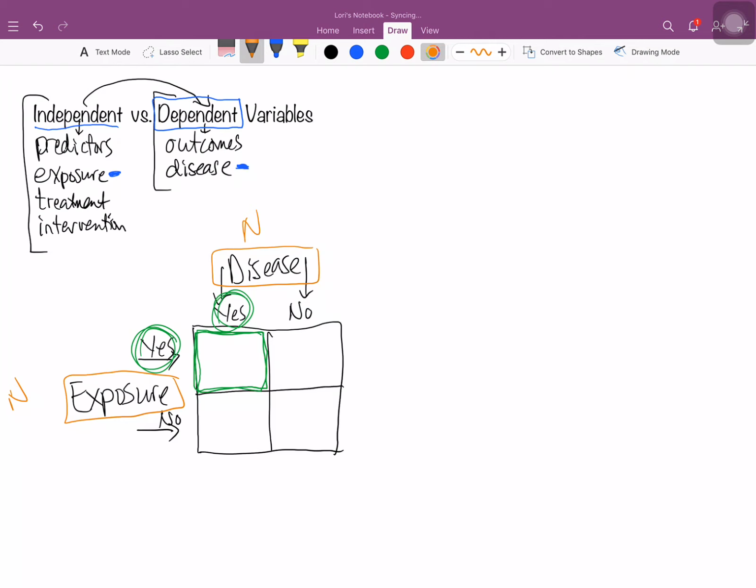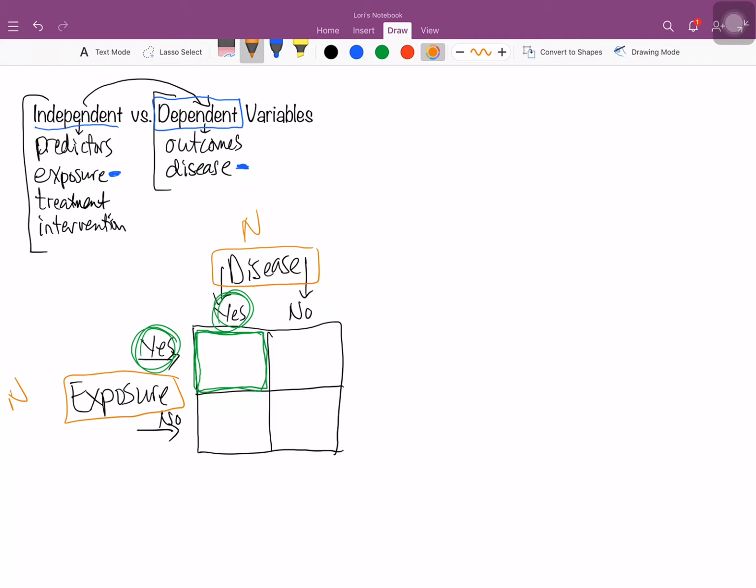So this is very much a simplification. But for the purposes of having a discussion about different study designs, it's very helpful to think about it this way. So recognize that these could be ordinal or scale variables, but for now we're going to just consider them to be both nominal or dichotomous.